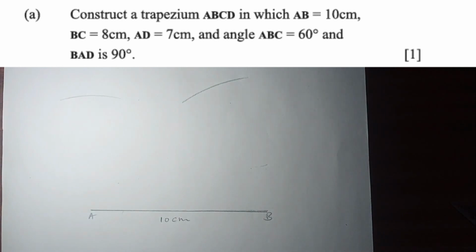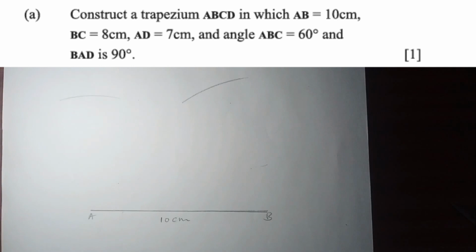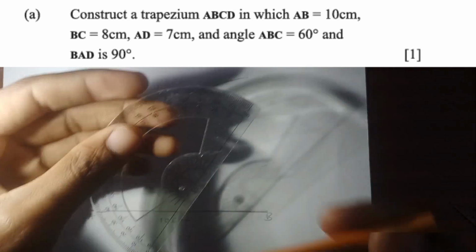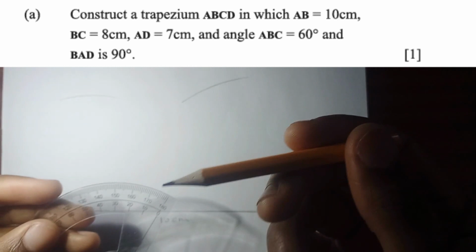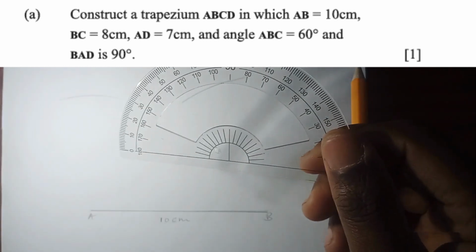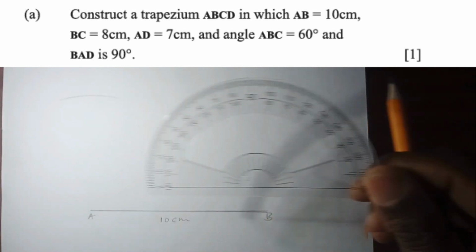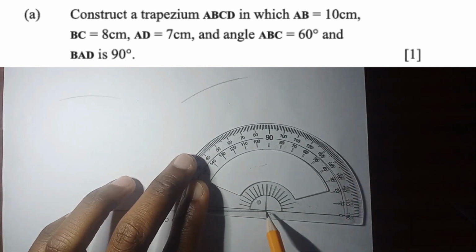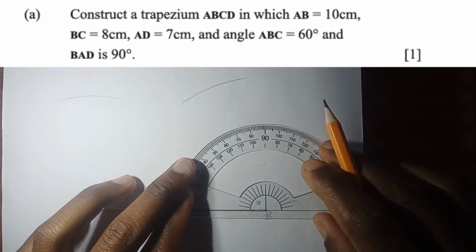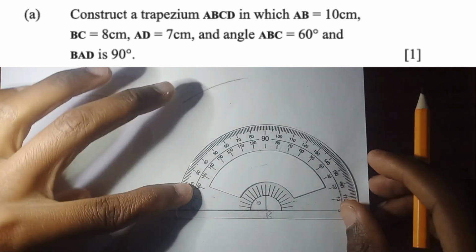Then what's the next piece of information? It says that angle ABC, C is somewhere there, is 60 degrees. So you get your pencil. As I earlier told you, an extra pencil is very important. Then you place the center there, that's where the angle is being formed, and you align that horizontal line parallel to line AB.